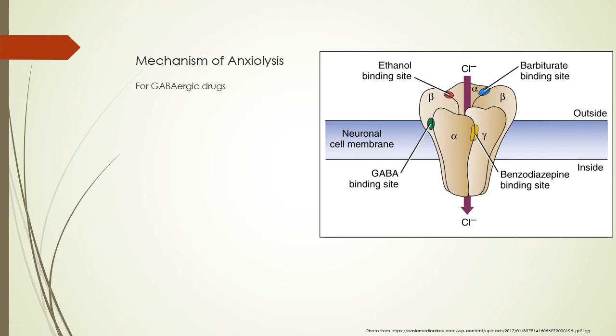The end effect is an increase in the levels of chloride intracellularly, and this hyperpolarizes the neurons and prevents release of neurotransmitters, which in the case of anxiety are norepinephrine and serotonin. So by decreasing the release of these neurotransmitters in the synapse, anxiety is sliced.